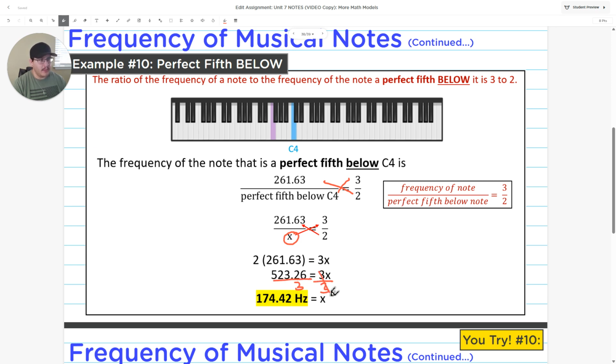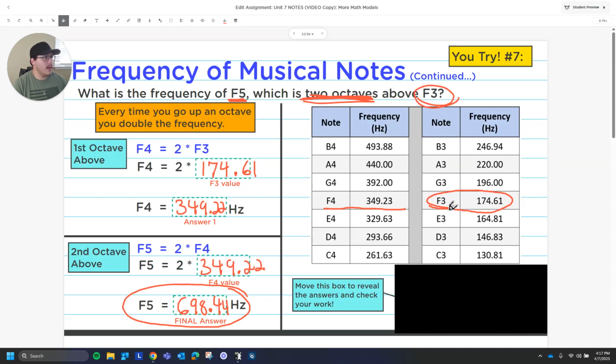We're then going to divide both sides by 3, getting the x by itself, rounding our answer, we get 174.42, which is about F3. So F3 is our perfect fifth below C4.